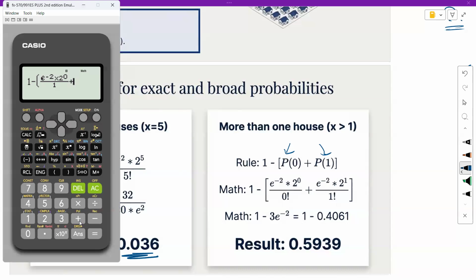And plus E power minus 2, 2 power 1, and 1 factorial is 1. And we close the bracket.